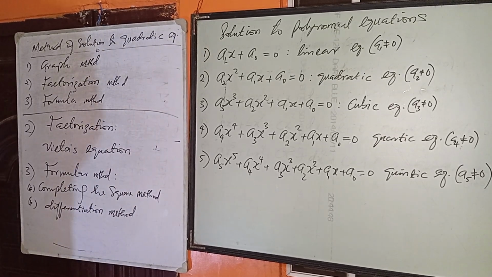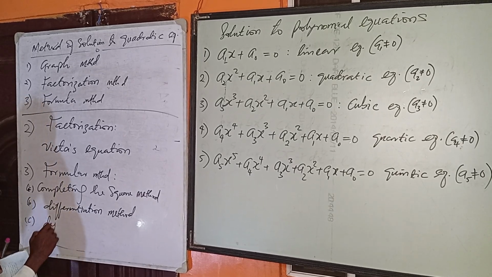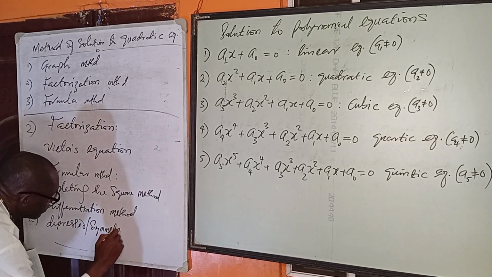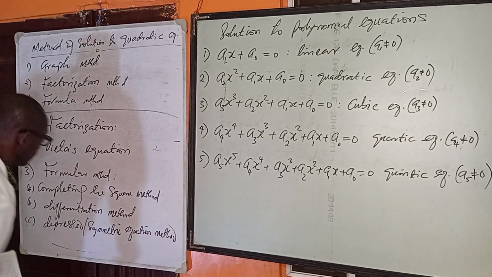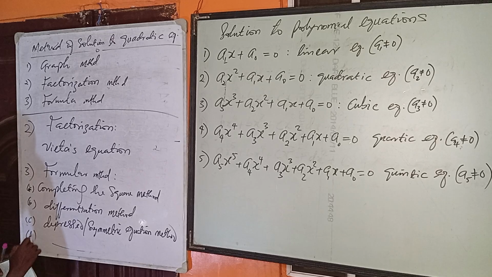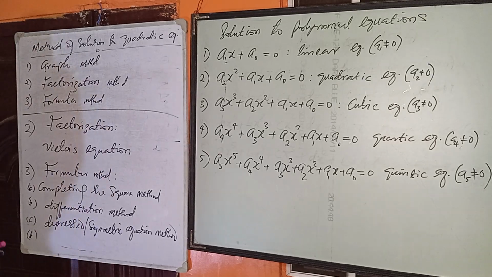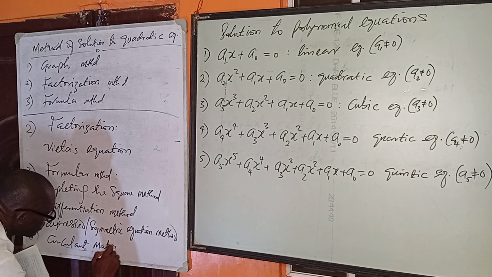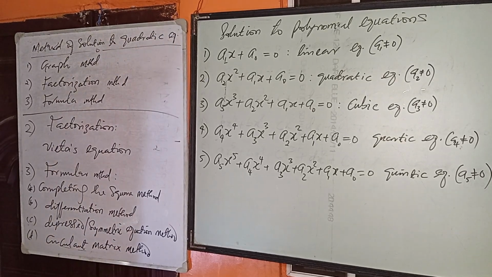Also, we can use what we call the depressed or symmetric equation method. We can also use the matrix method, to be specific, we call it the circulant matrix method.